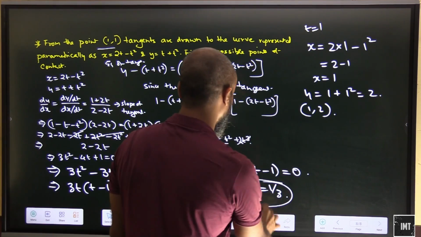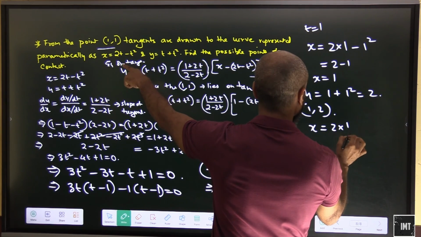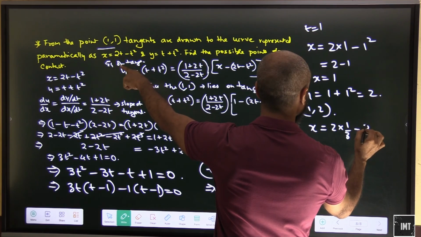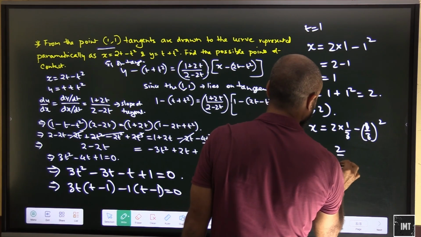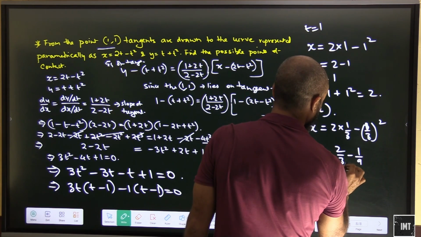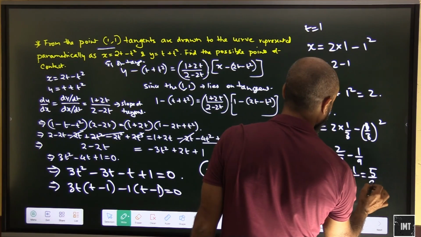What about the other point here? T is equal to 1 by 3, so x will be 2 into 1 by 3 minus 1 by 3 square. So this will be 2 by 3 minus 1 by 9. 3 3s are 9, 2 3s are 6, 6 minus 1, that is 5 by 9.